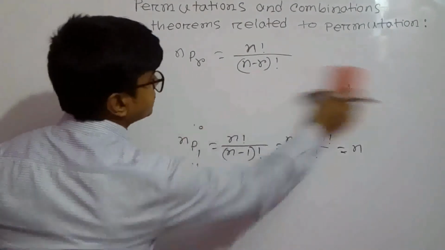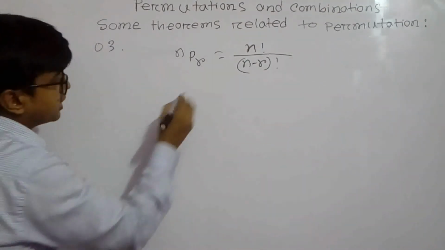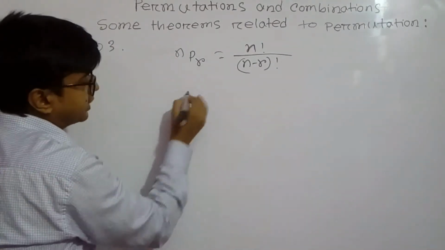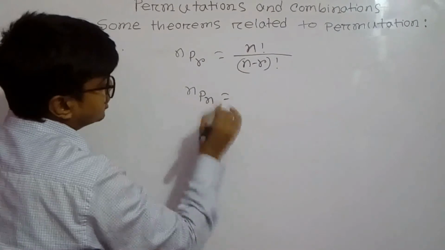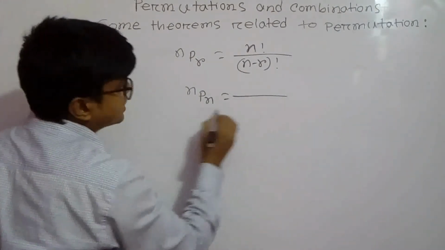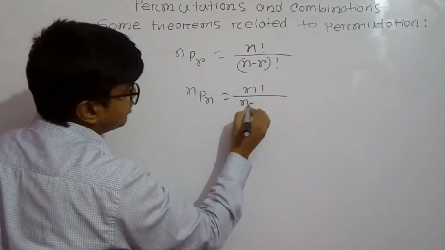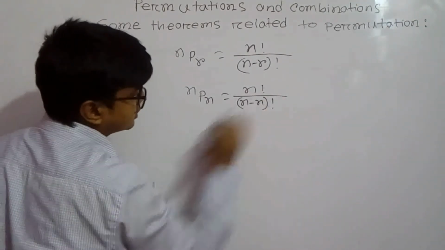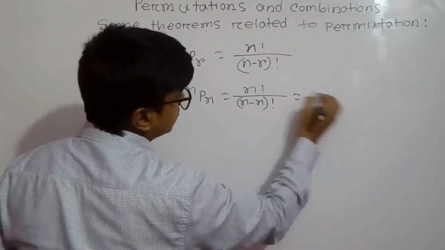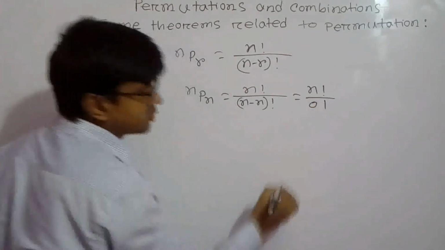Again, if r equals to n, here nPn, then our answer will be factorial n divided by factorial n minus n. So here factorial n by factorial 0.